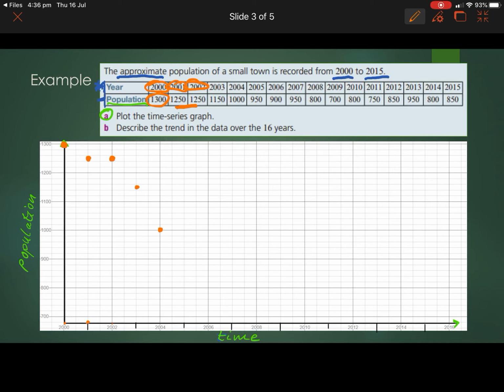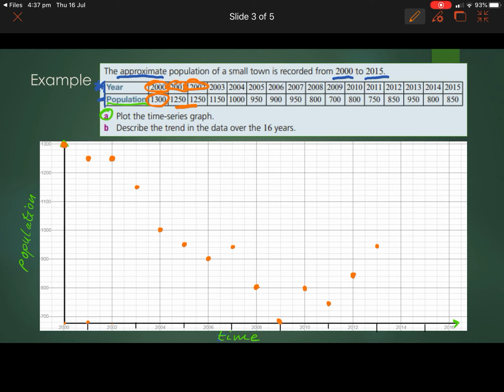Then 2005, go up to 950. 2006 is 900. 2007, 950. 2008, 800. 2009, you've got 700. 2010, you have 800. 2011, 750. 2012, 850. 2013, 950.